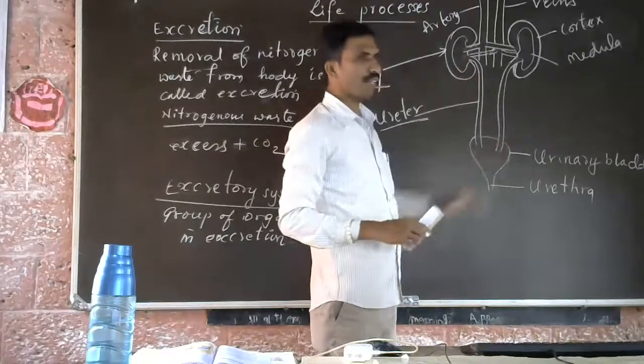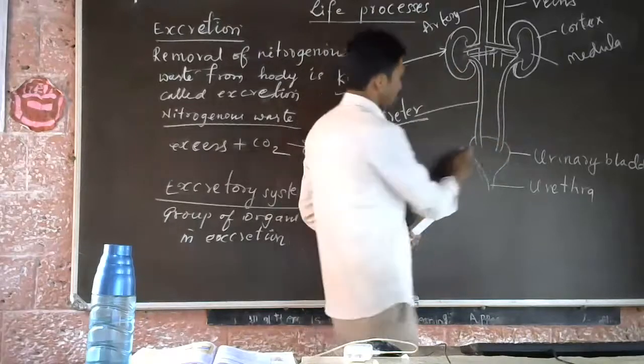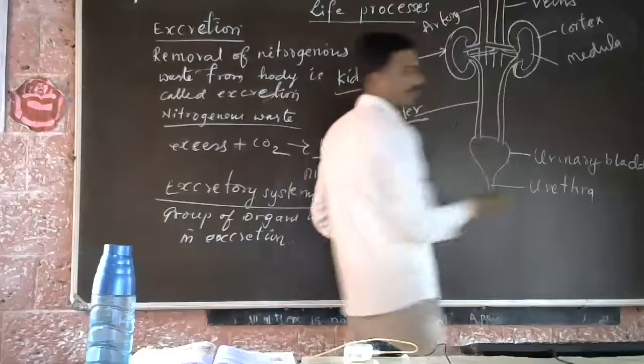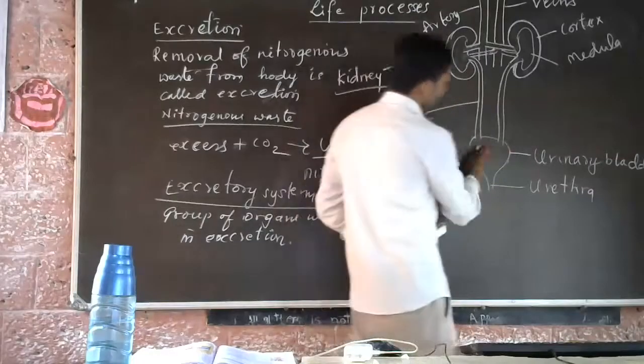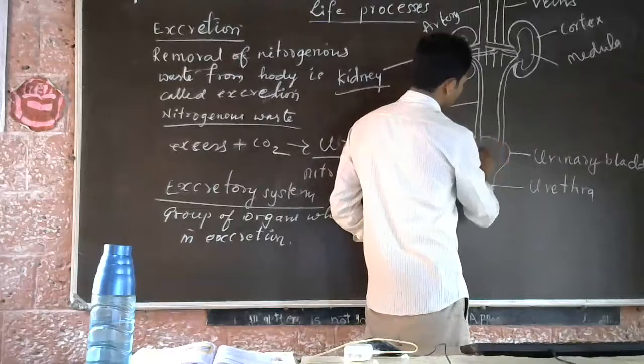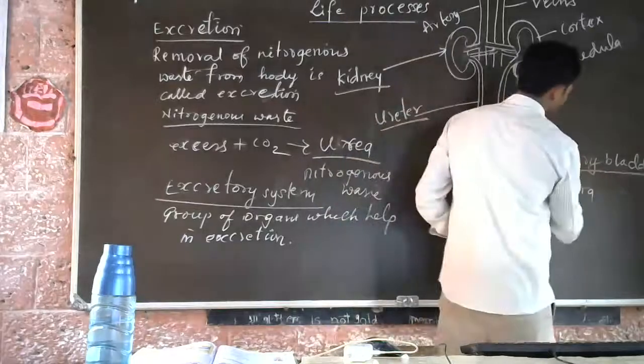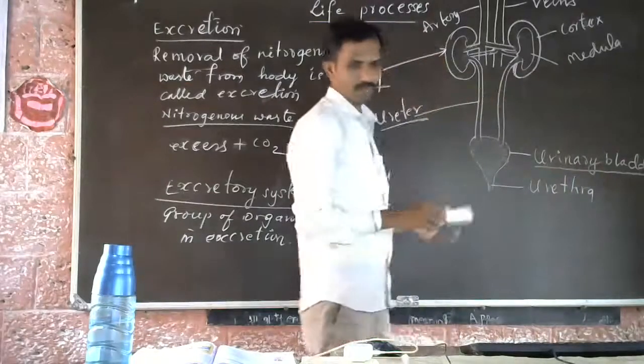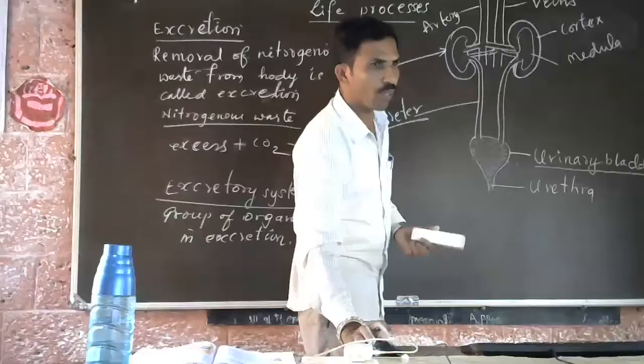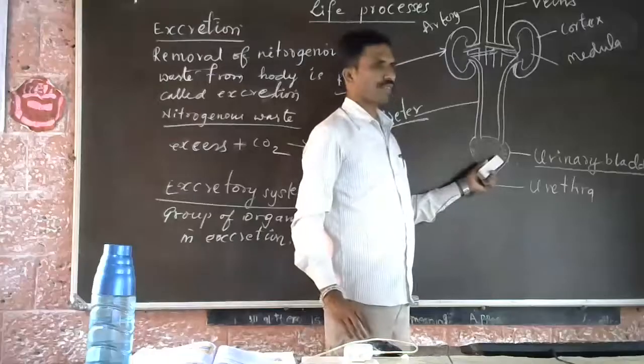The urinary bladder is a pouch-like structure which stores the urine temporarily.